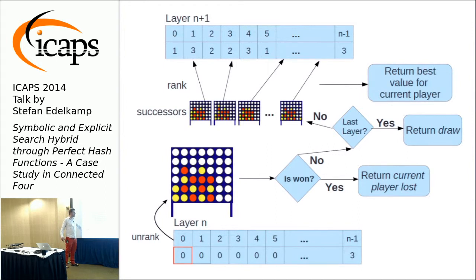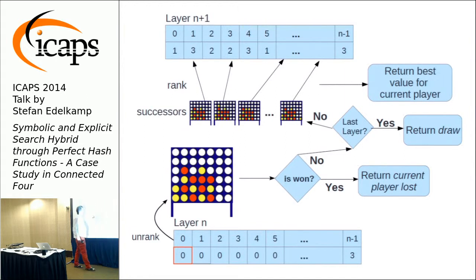So we go backwards and want to classify a state. So we look in the bit vector. We have this mapping, and then we ask whether the state is 1 or not, and then we return the player's cost, or if we are in the last layer, then we could see that it's a draw or win or loss. If it's a draw, then it's okay.